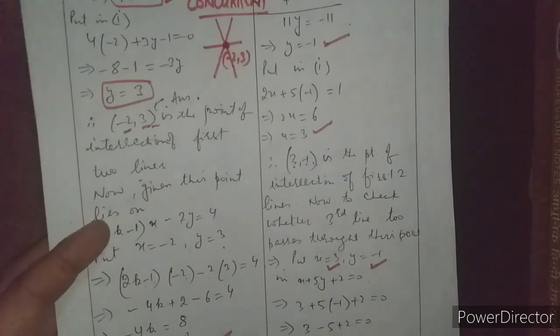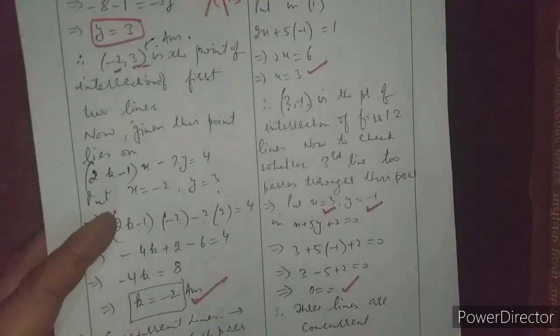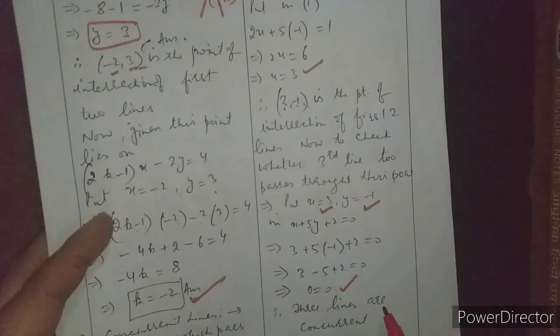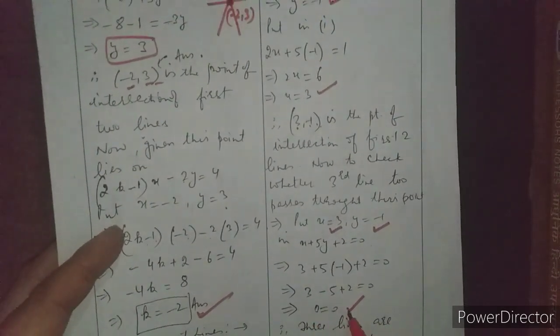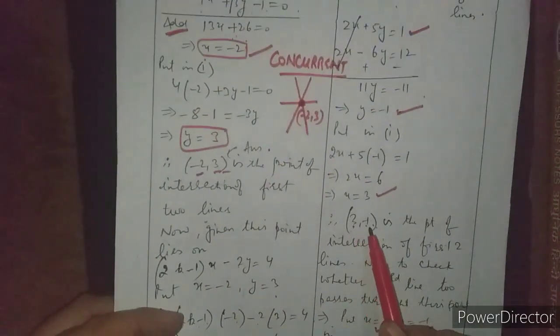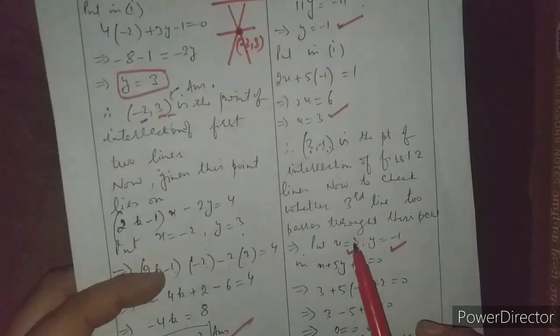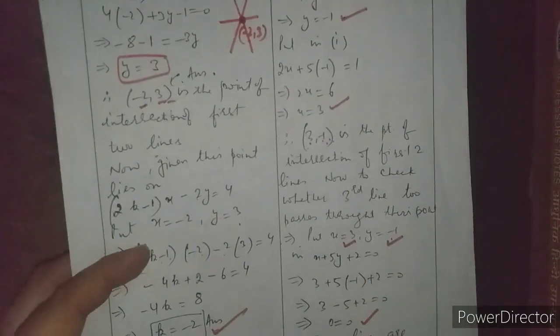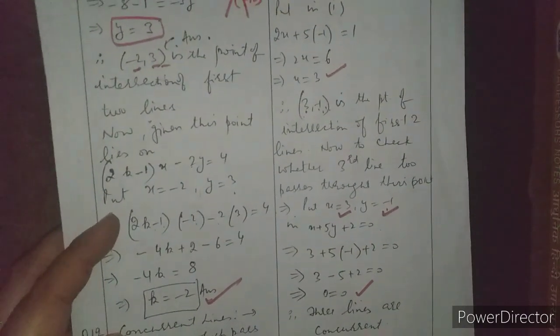And I will finally get 0 is equal to 0. 0 equal to 0 means these lines are concurrent. The equation is true, meaning the point of intersection of the first two lies on the third line also. So the lines are concurrent.